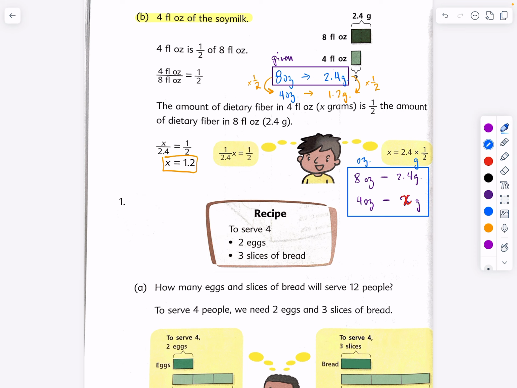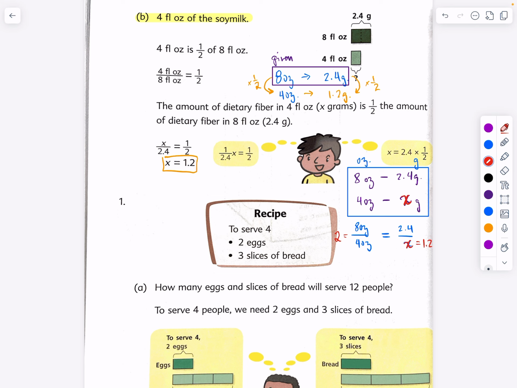We can say that 8 ounces to 4 ounces is equal to 2.4 divided by X. That's one way of looking at it. How do we solve for X? Notice we're dealing with equivalent fractions. 8 over 4 is 2. Now think about it: 2.4 divided by what gives you 2? We must divide by 2 on both sides. X equals 1.2.